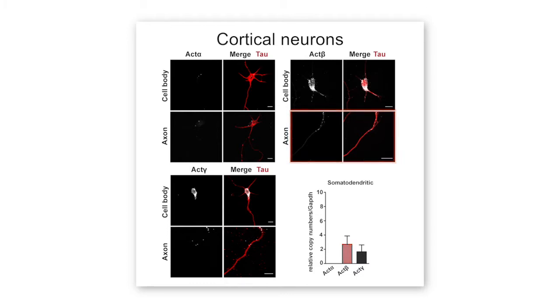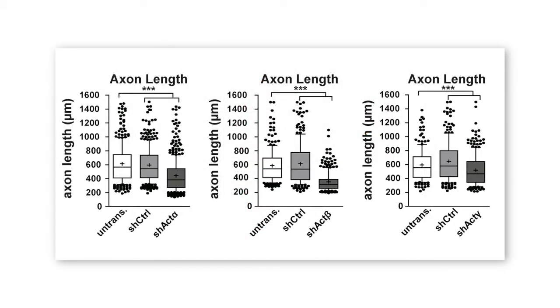This is different from the situation in cortical neurons, which have previously been shown to only translocate beta-actin mRNA into axons. Sendtner and colleagues therefore knocked down each of the actin isoforms in motoneurons to see if they had specific functions in axonal development. When we knock down alpha, beta, or gamma, we found that any of these components had effects on axon length. So beta-actin made a very robust reduction in axon length, but also alpha-actin and gamma-actin had some effects here.